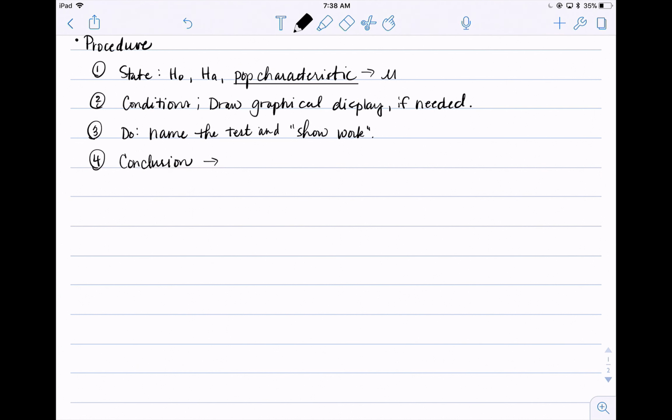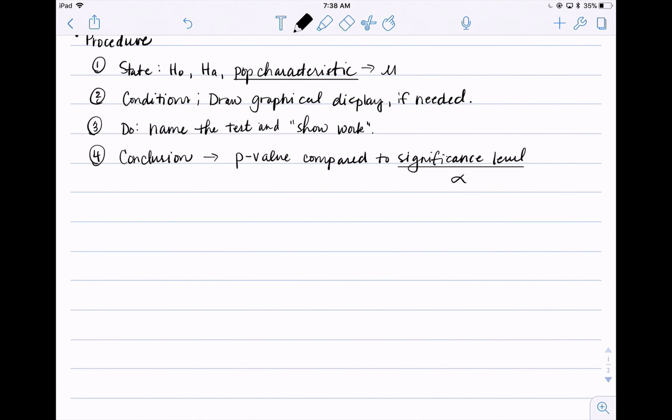For the conclusion, remember, you're going to compare your p-value to your significance level. And we should remember the symbol for significance level, and that is alpha. It's the same thing as with proportions.